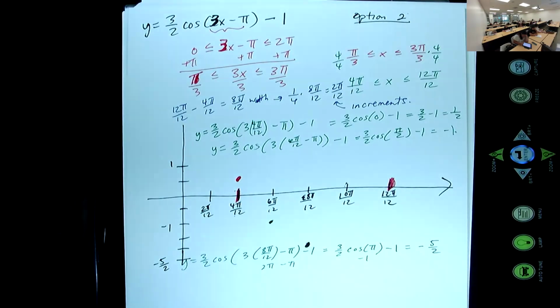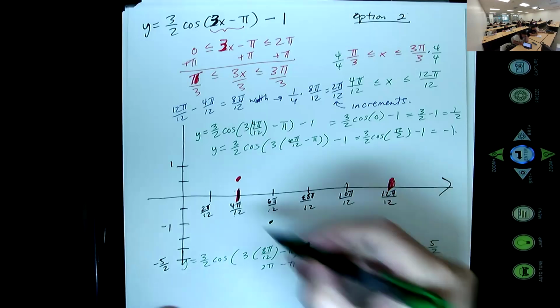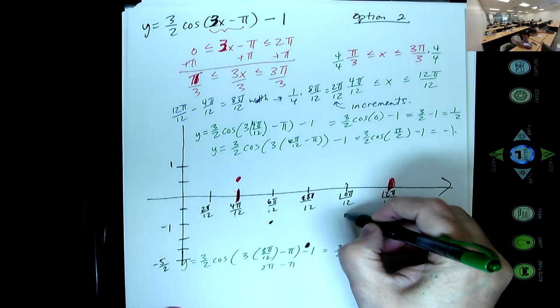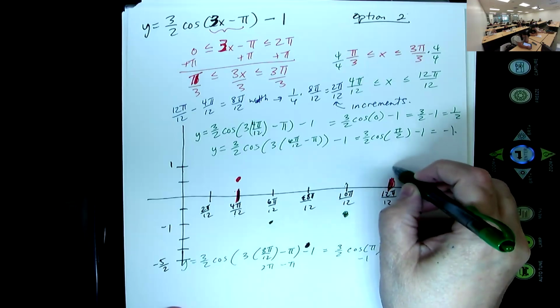And once we have these, we should be able to get the other ones just by moving over and doing the same amounts, so we know it goes back up on cosine.